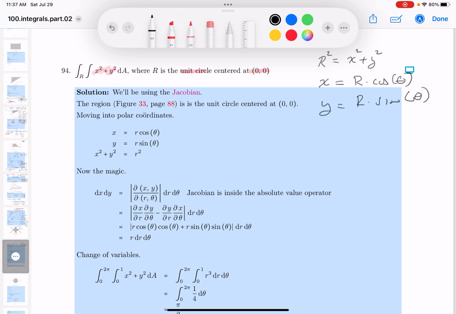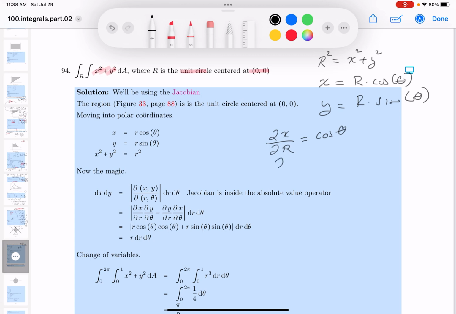You're going to put this Jacobian down. I've got to do the partial of x with respect to r. Let me write that down for you. I'm differentiating x with respect to r, so it's going to be cosine theta.